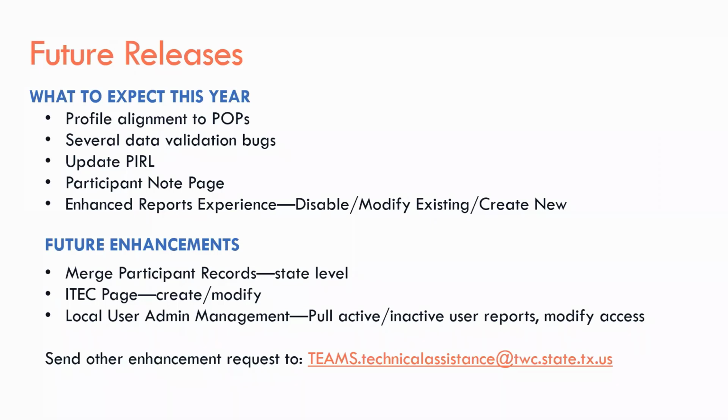We are working on doing profiles aligned to periods of participation. Those profiles will be developed based off of initial program entry, and then they will get locked, and nobody will be able to mess with them, because we don't want that information changed after program entry. We want it to be a snapshot in time of the student at program entry, so we can see where they were at program entry versus what happens when they exit.